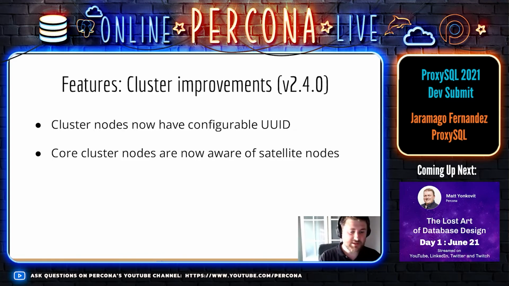Also, now we move to some features that came in 2.4.0, specifically about cluster, which these two features that you can see right now are closely related. Now a cluster node has a configurable UUID. This can be configured either by a configuration file, by supplying it on the command line, or by letting it be automatically generated.